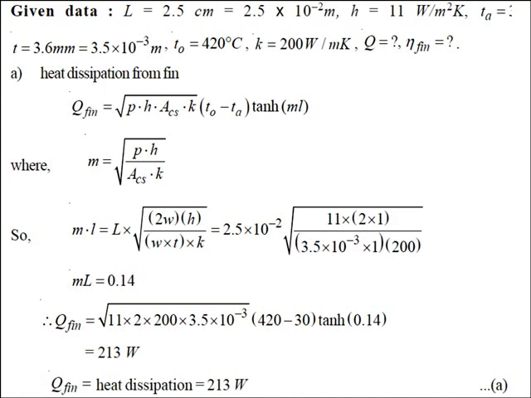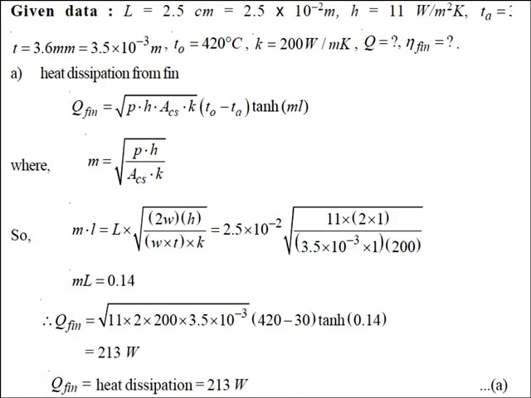For the first case, we consider the Q value, that is equals to under root of PhAk into (T0 minus Ta) into tanh(mL). Where m is a fin constant, the unit is meter inverse, that is 1 upon meter, and the equation is under root of Ph divided by Ak.